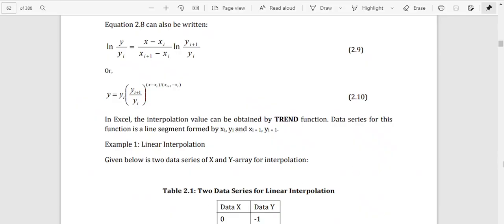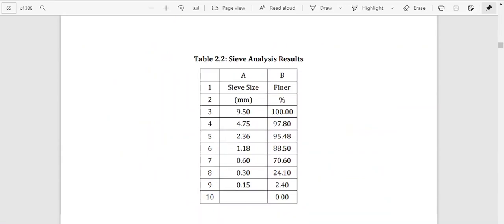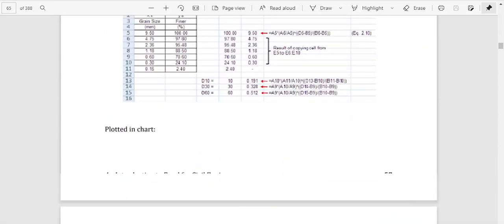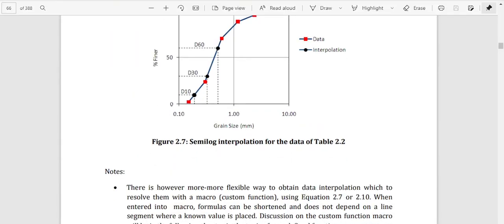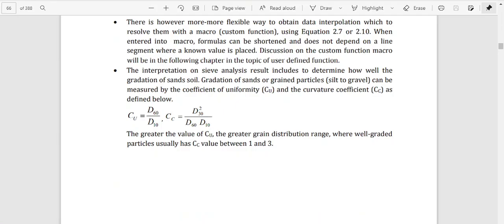So the next thing is, with this calculation now, you can calculate your value of CC, CU, and all the rest of them. So look here, we have CU as D60 all over D10.